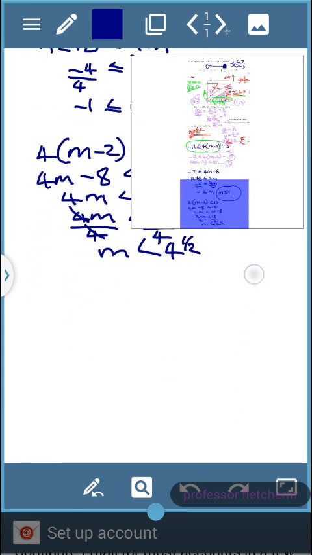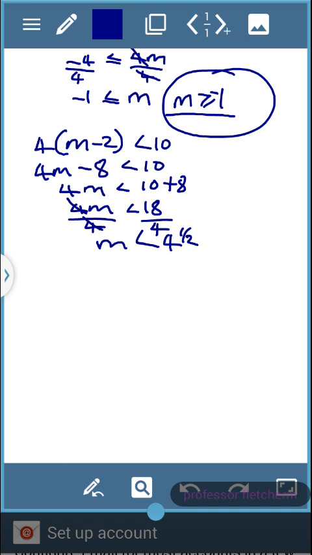So m is greater or equal to minus 1, and the other one, m is smaller than 4 and a half.